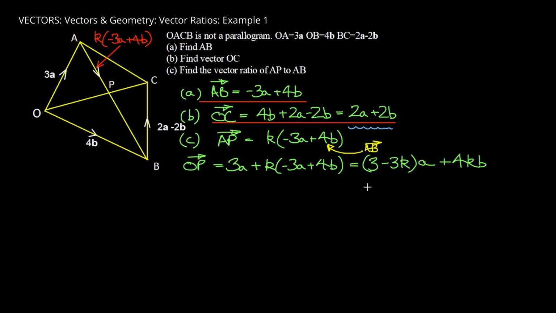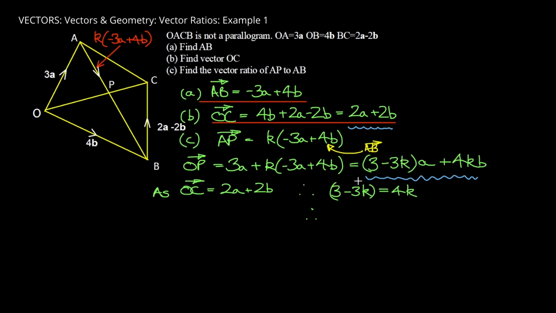So it must mean that our result also must have equal components. In other words, 3 minus 3k must equal 4k. So let me write that result down. Therefore, I can say that 3 minus 3k must equal 4k.